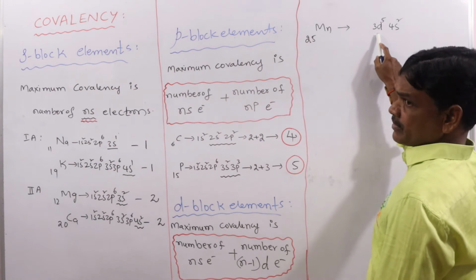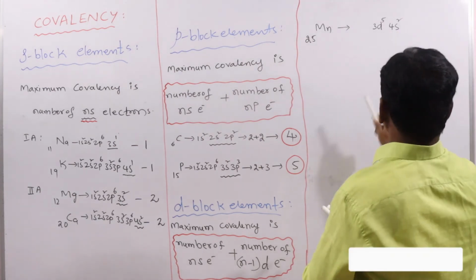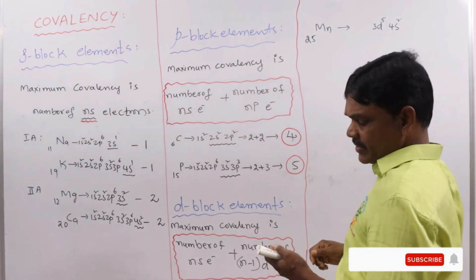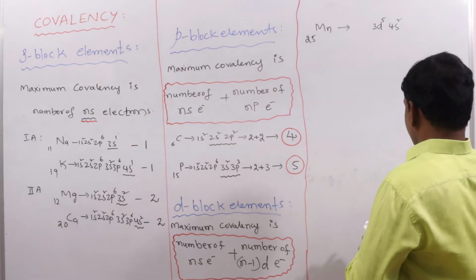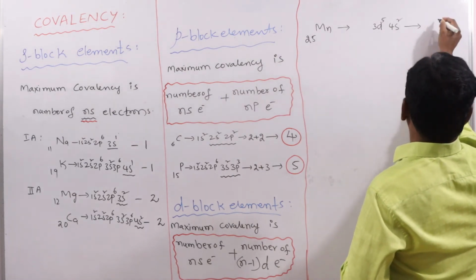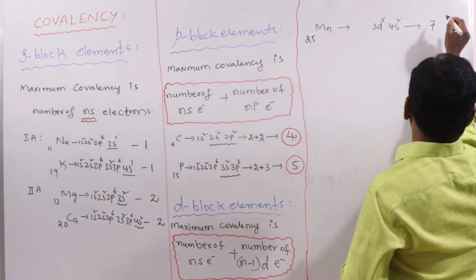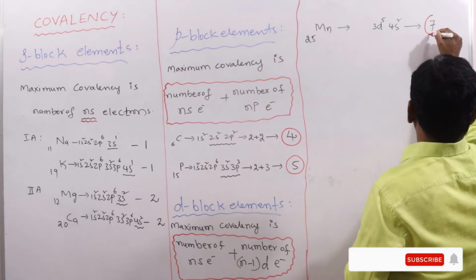Here it is the n minus 1 d shell, and here it is 4s. So now 5 plus 2. What is the maximum covalency of manganese? Maximum covalency of manganese is 7.